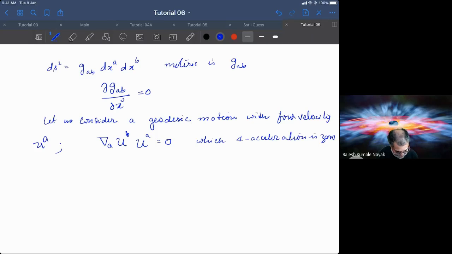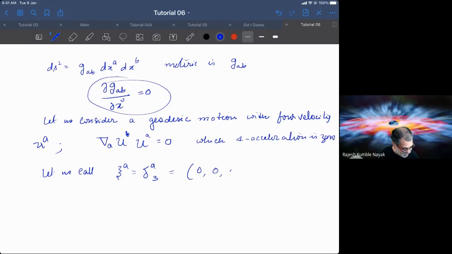Now let us give a specific name to this notation here. Let us define xi^a to be delta^a_3. This is just an example, xi could be any arbitrary vector, but in this case we are choosing it such that the derivative of g_ab along xi^c is equal to 0.